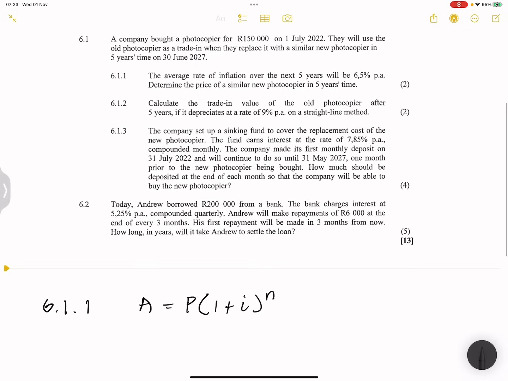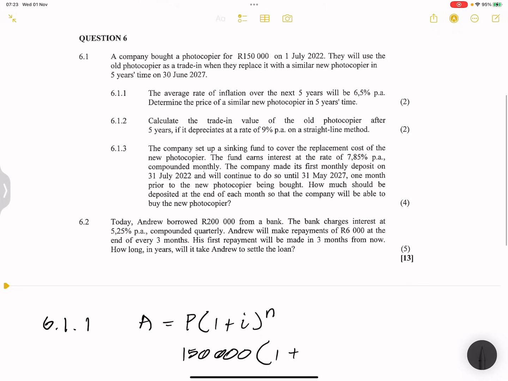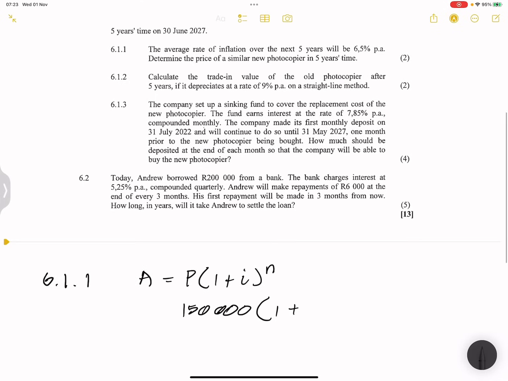So we know that the copier today costs 150,000, and that's 1 plus the inflation rate of 6.5%. So remember to divide that amount by 100, so 6.5% should be 0.065.